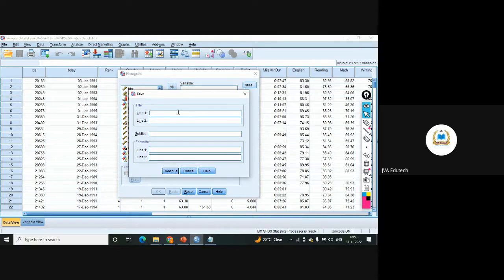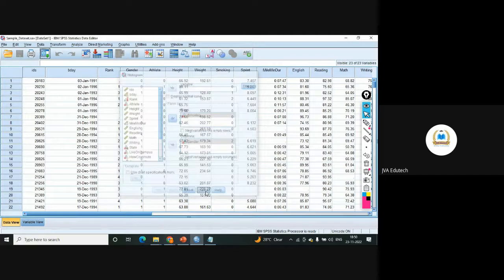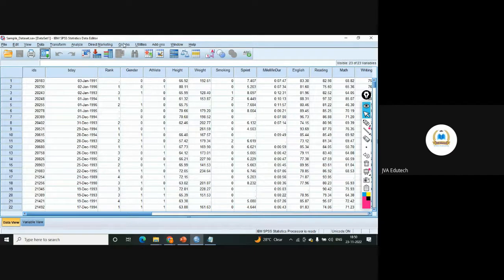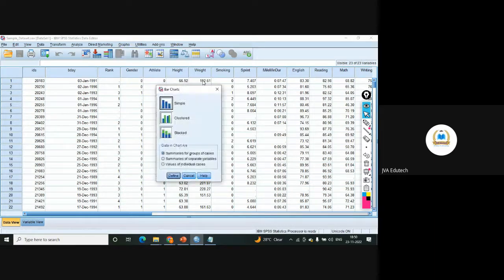Here it is not making a cluster. Let me see. Bar diagram.